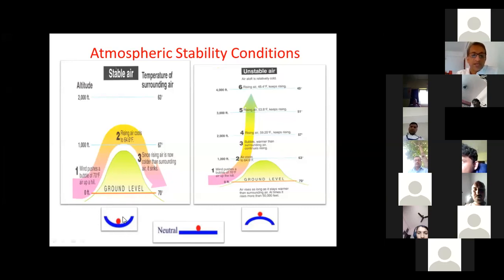One is the stable condition and another is the neutral condition. I hope I could make you understand clearly about this very important phenomenon in the distribution of the pollutant because of the stability condition, which is a property of the atmosphere.